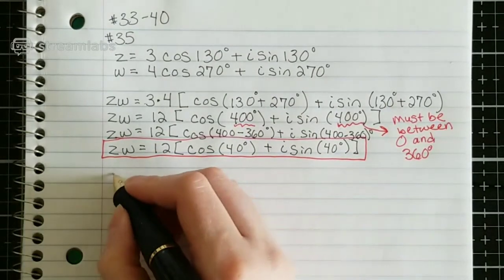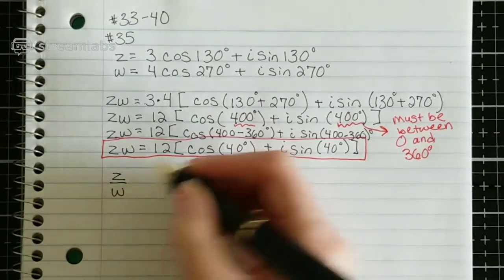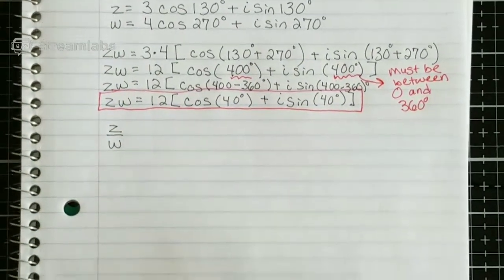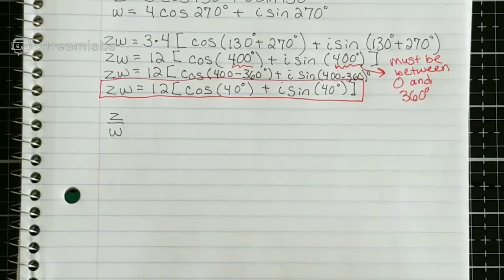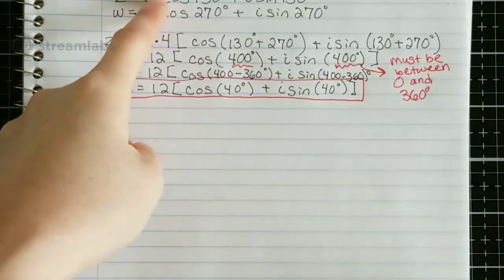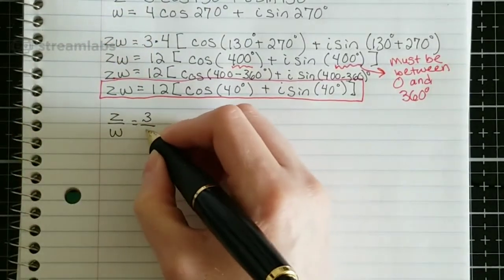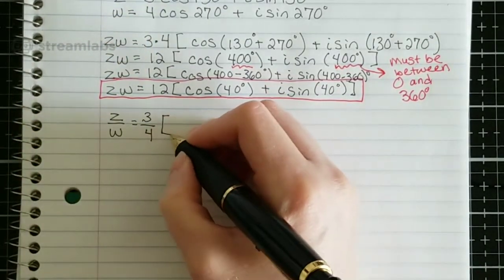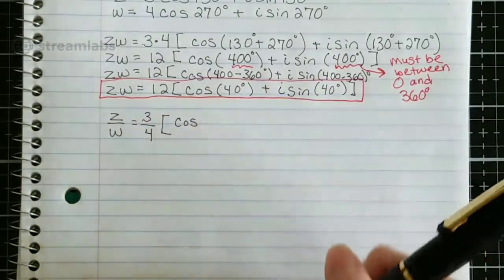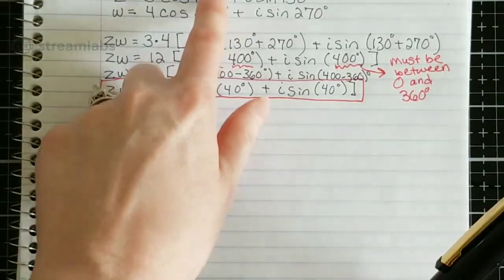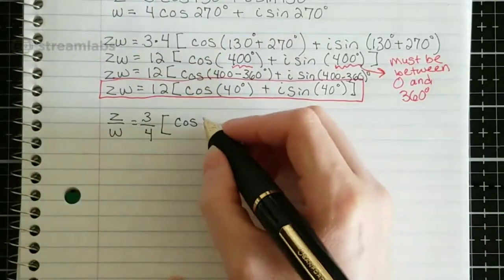All right, then we have to do Z divided by W. Whatever number is on the top, that's the one that goes on the top. So this is 3/4 cos. Then you're going to take these two angles and subtract them.